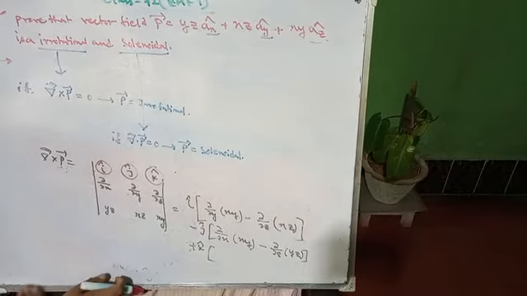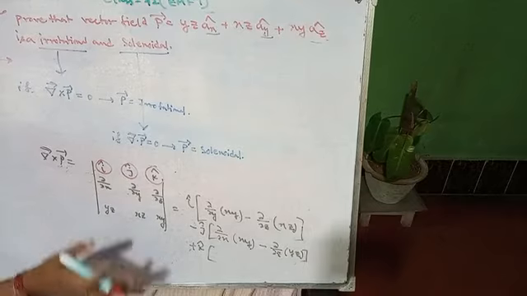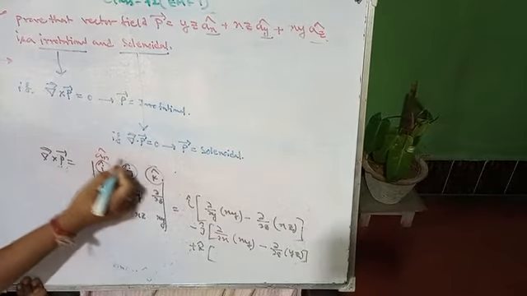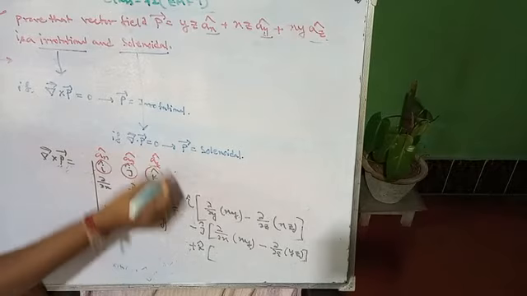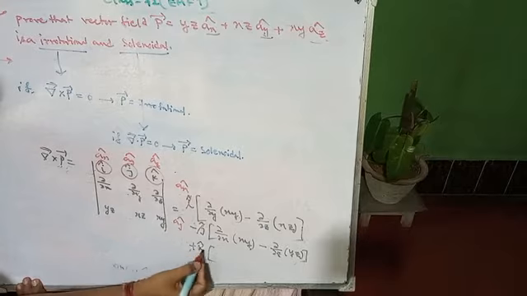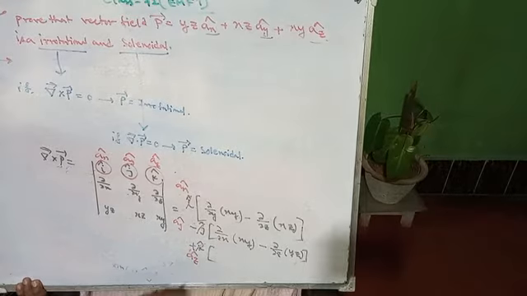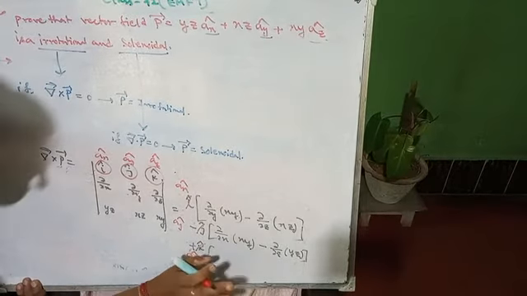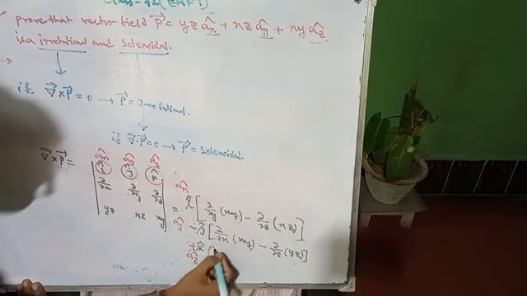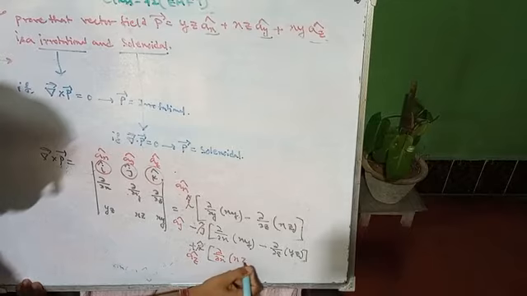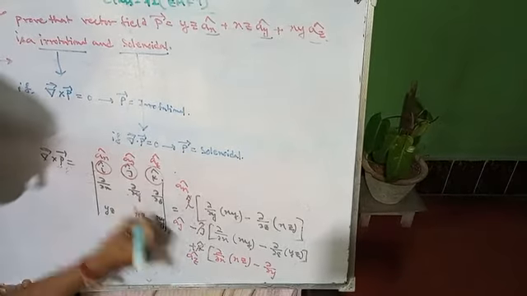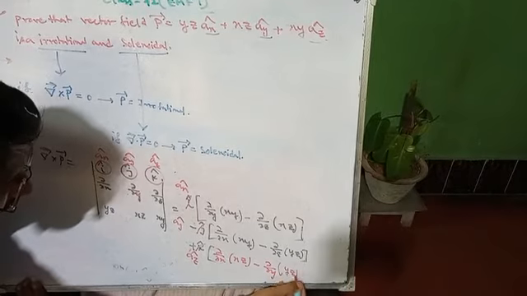It is immaterial. So for az cap, by eliminating this column and this row: del x of xz minus del y of yz, right?